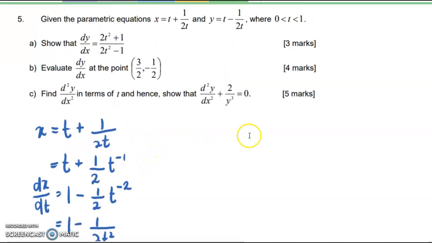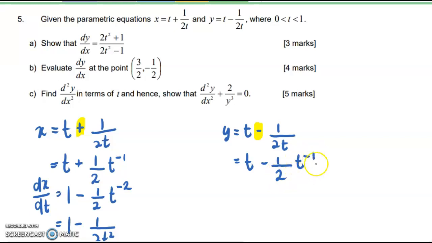Okay, kita tengok y pula. y equals t minus 1 over 2t. So, di sini masih kita akan dapat bentuk yang sama. Cuma, pembezanya adalah tambah dan tolak. Okay, kaedahnya sama. Remain 2. At the denominator, we bring up t only.